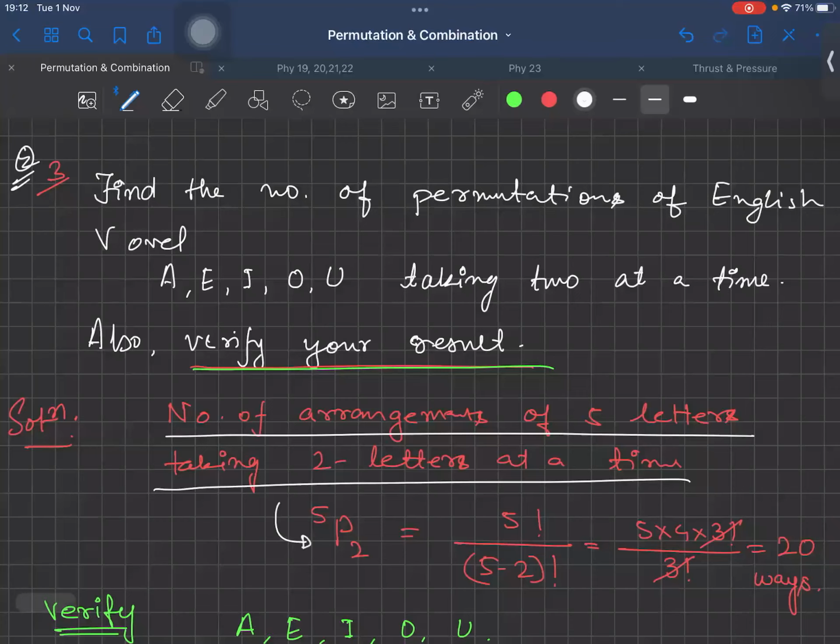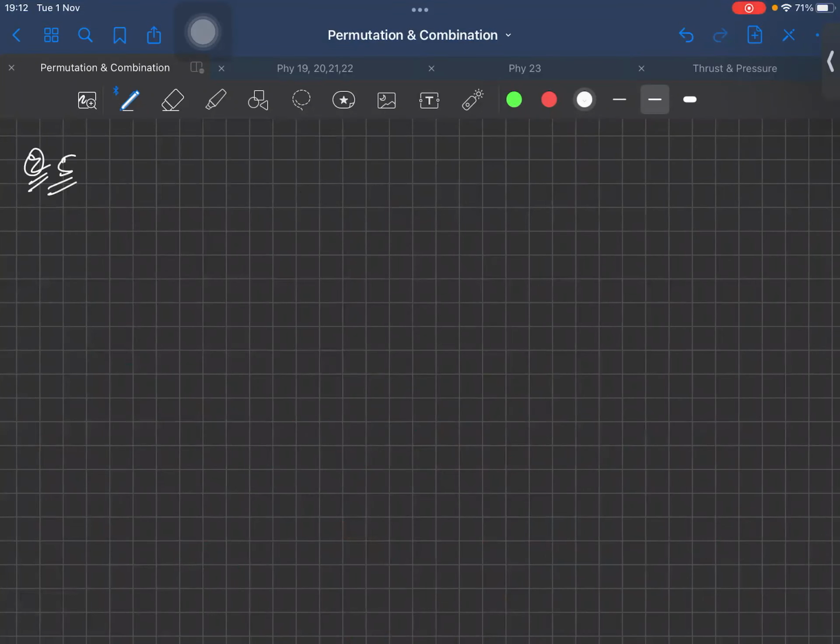Okay. So this is question number 4, question number 5. Find the number of ways in which 8 boys and 5 girls can be arranged in a row so that no 2 girls are together. Okay, very good.